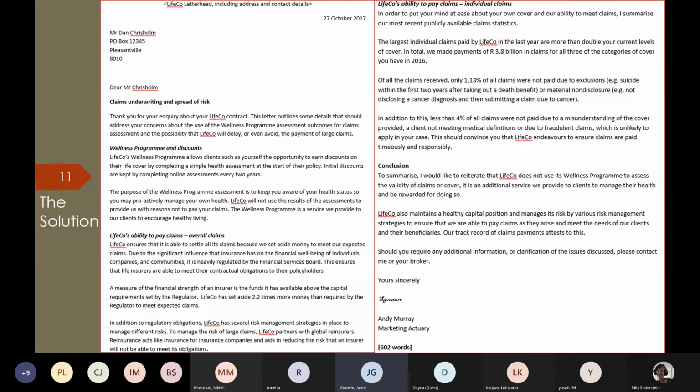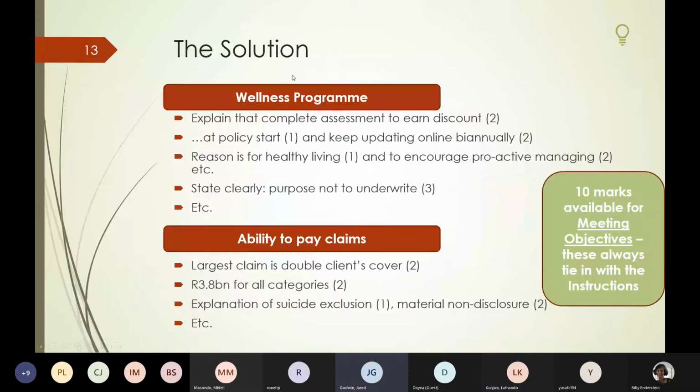And what this means is a bit of a double whammy, because the good attempts, the students that tackle all the areas, are already scoring marks because they've tackled all the areas. But the fact that they've tackled the wellness program, now they get a double whammy in the objectives, because now 3 out of these 10 marks have to do with the wellness program. So they would typically score well in there as well.